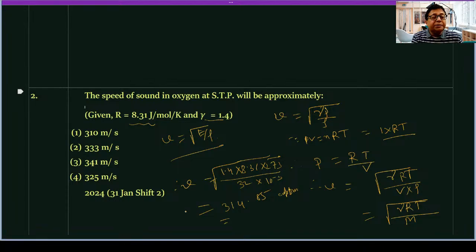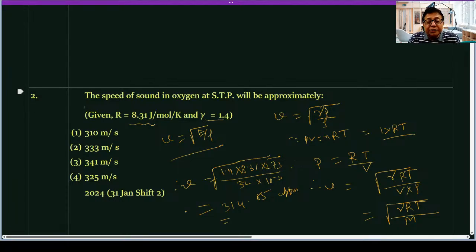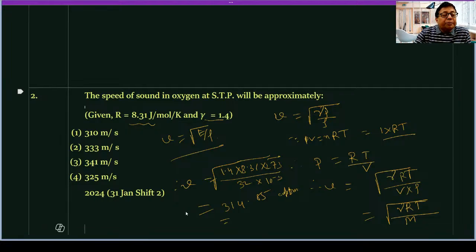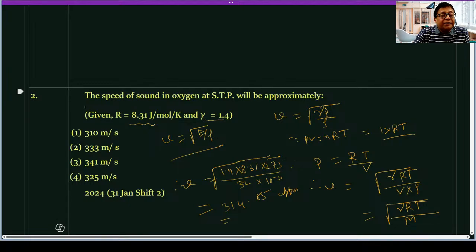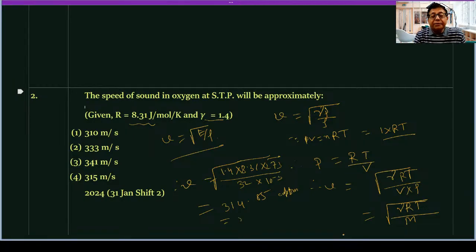Is there no option? No. Then what to take? Actually this option, I might have copied wrong. This will be 315 meter per second. Okay, not 325. So it is approximately 315 meter per second. Okay?